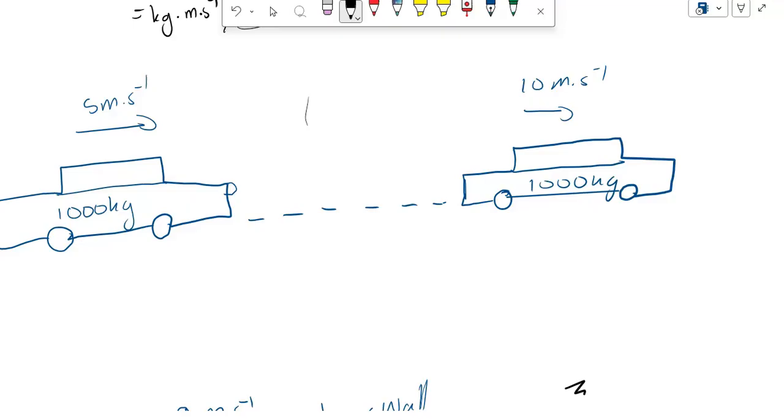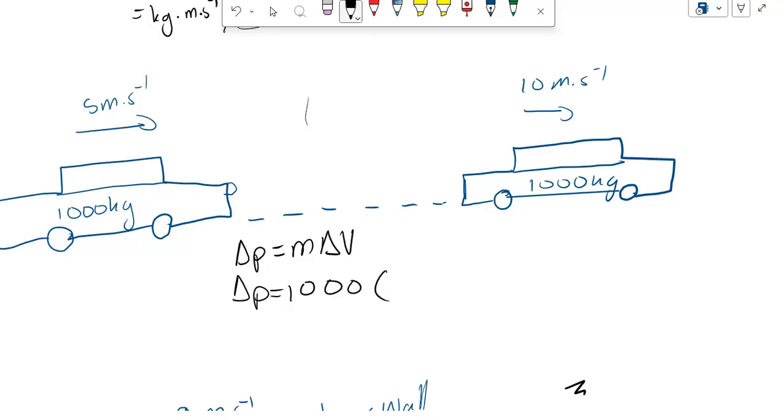Alright, my first thing I say, delta P is equal to my mass multiplied by my delta V. The mass of the car is constant, which is 1000 kilograms. So delta P is equal to the mass of my car, 1000 multiplied by, and here I've reached a trap.